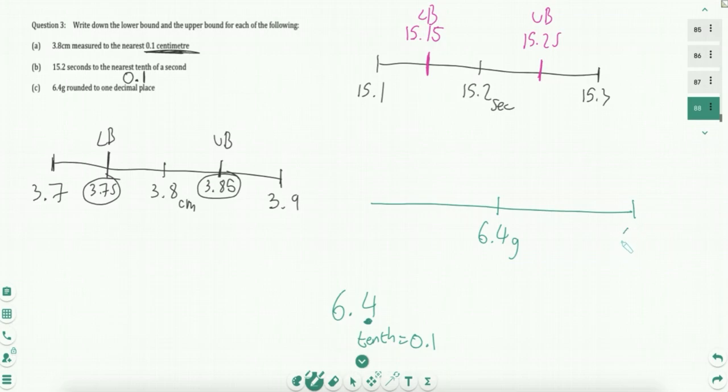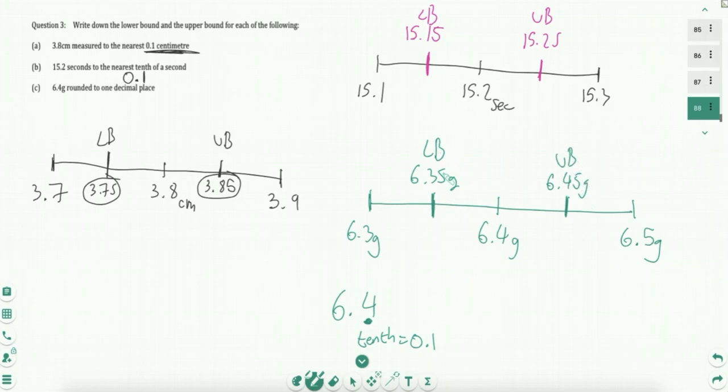So 6.5, and minus 0.1, 6.3. The midpoint is going to be 6.35 grams, which is the lower bound. And the upper bound will be the midpoint between 6.4 and 6.5 grams, which is 6.45 grams.